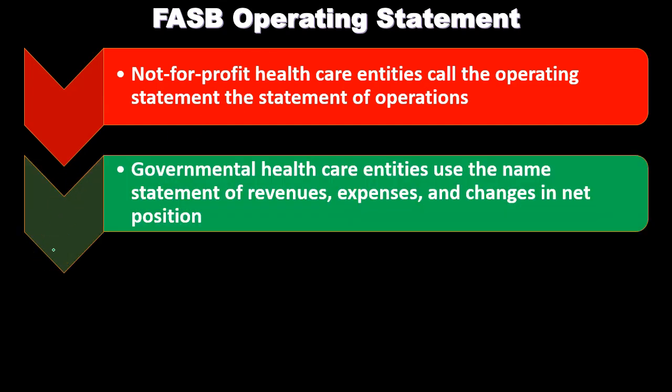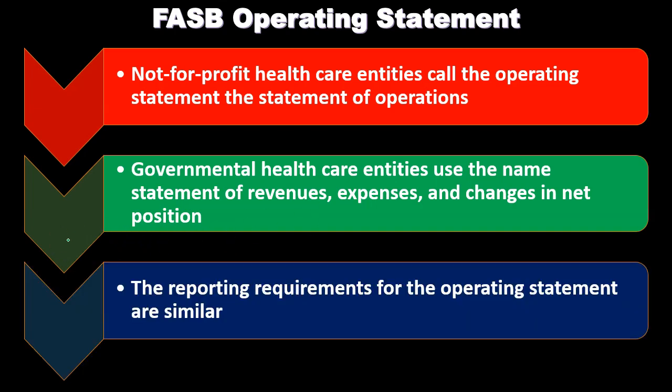Governmental healthcare entities use the name statement of revenues, expenses, and changes in net position. So it's a bit more descriptive because it tells you what's in there: revenues, expenses, and the change in net position. The major change is similar to the net income number. So it's a similar statement; we're looking at performance statements between the two. The reporting requirements for the operating statements are similar.